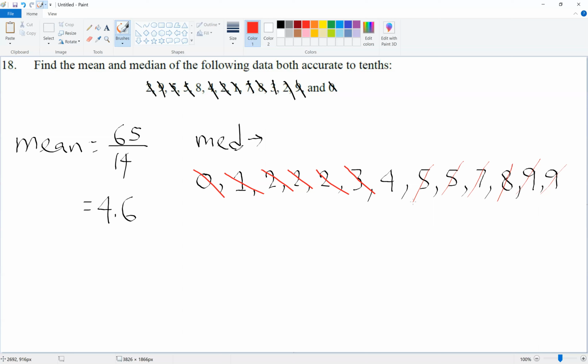Oh, that explains. 8 and then 2 9s. Okay, now you cross from both ends. Okay, now we have 2 numbers left. What do we do, Vidika? You find the mean of the two numbers.